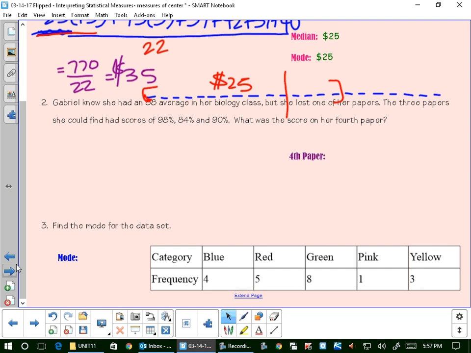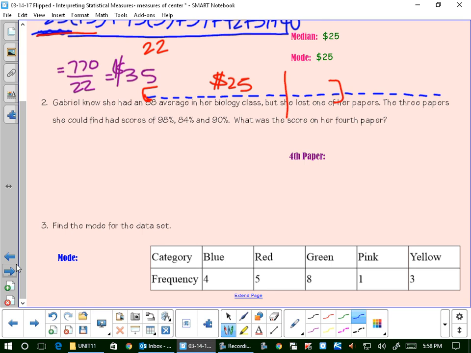All right, now let's look at number 2. Gabrielle knew she had an 88 average in her biology class, but she lost one of her papers. The 3 papers she could find had scores of 98, 84, and a 90. What was the score of her 4th paper? So, here we go. Think about how we would write the average.